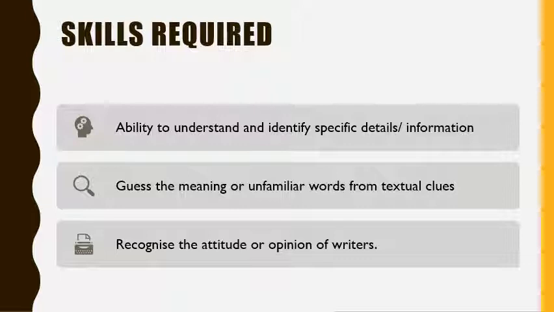Mencari perkataan yang sesuai mengikut konteks dan maksud. Ini untuk soalan 37 sehingga 40. And last but not least, you need to be able to recognize the attitude or opinion of the writers.